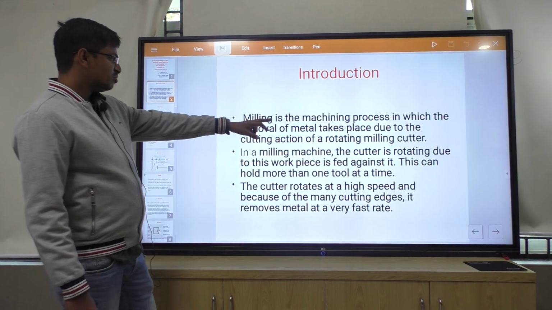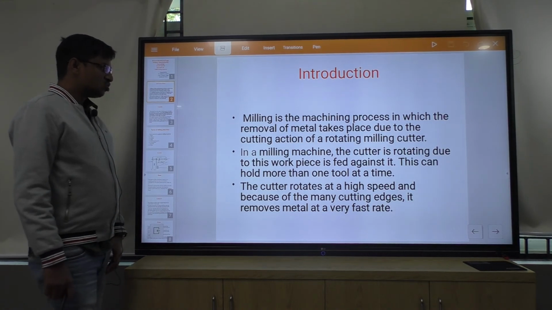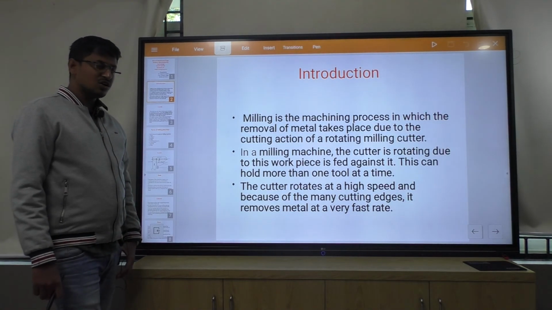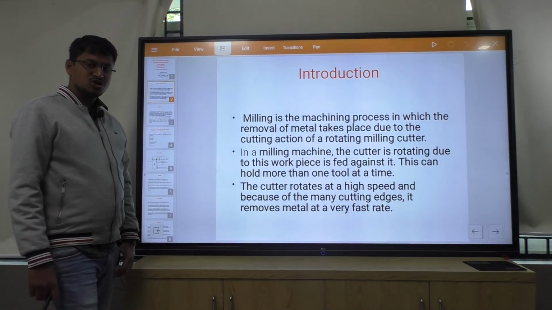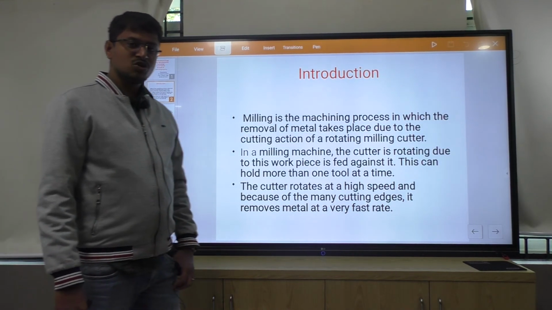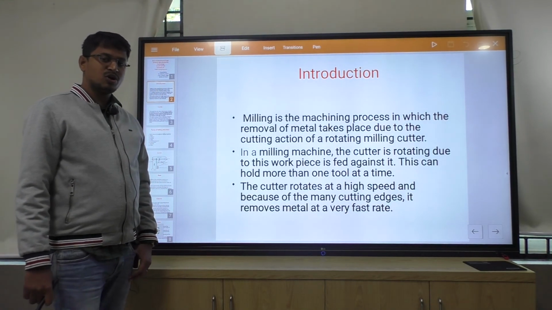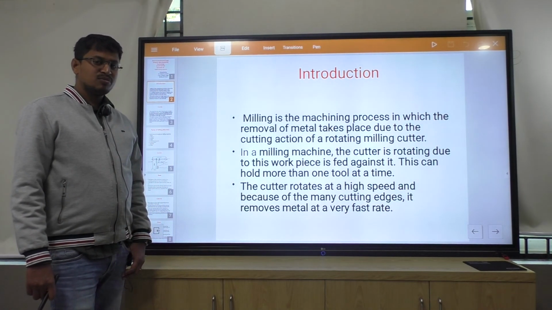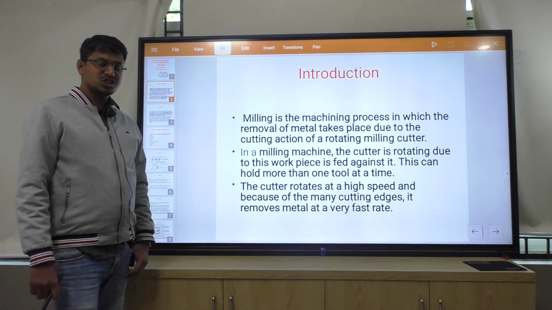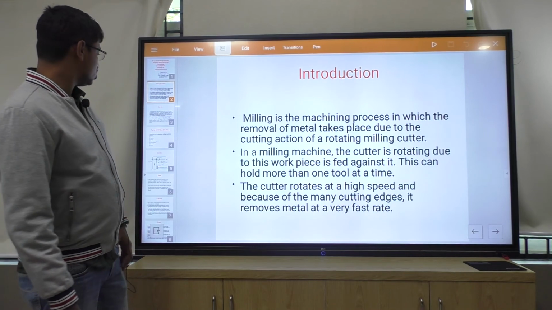So milling is the machining process in which removal of metal takes place due to the cutting action of a rotating milling cutter. In other machine tools we use single point cutting tools, but here we use a multi-point cutting tool, so that the material removal process is very fast. So it is used in production processes.